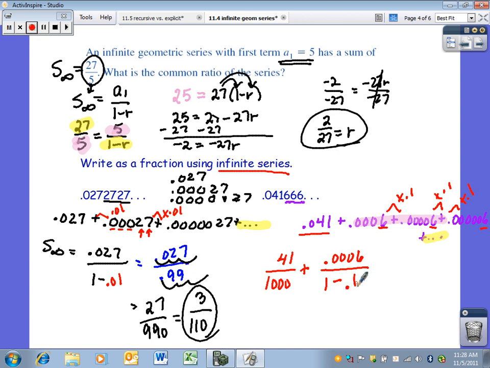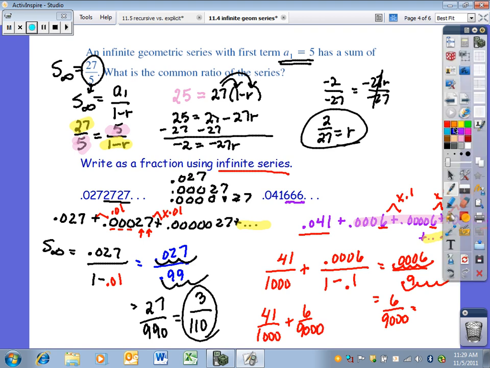So 0.1. 0.0006 over 0.9. 1, 2, 3, 4 places. 1, 2, 3, 4 places. Becomes 6 over 9,000. And that reduces. Actually, let's leave it as 6 over 9,000 because I have to add that to my 41 over 1,000 plus 6 over 9,000.